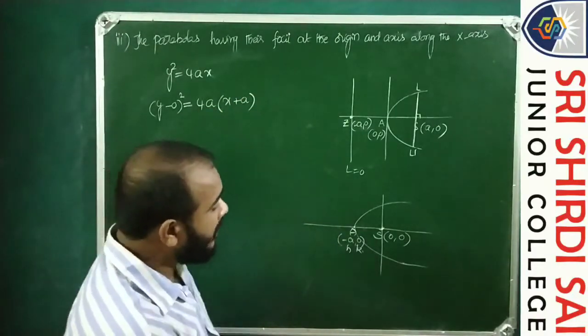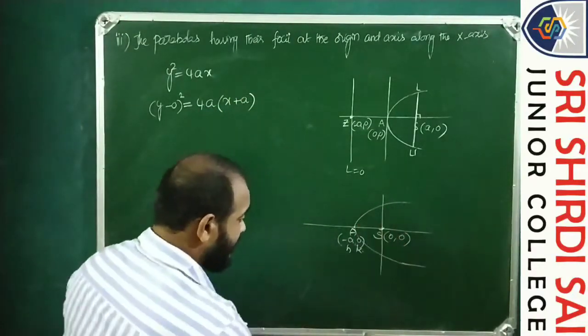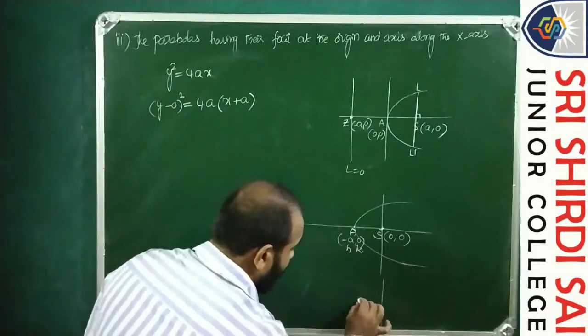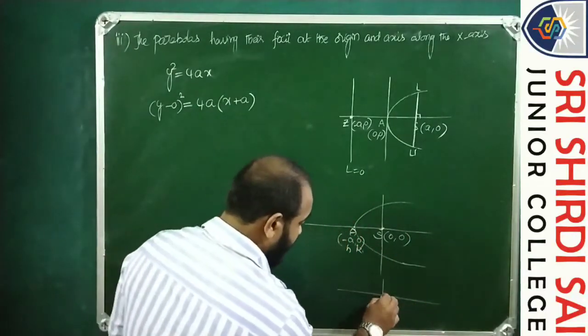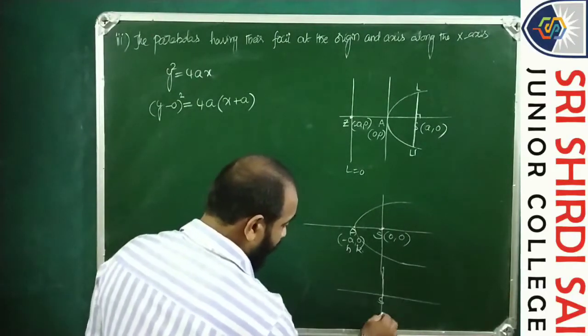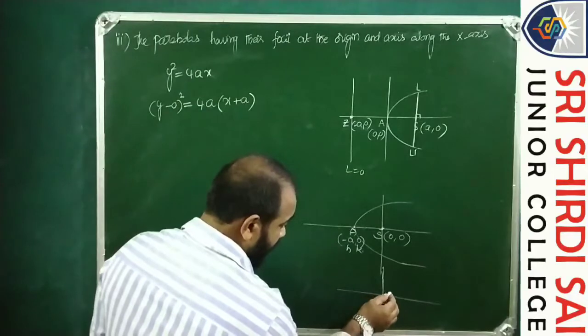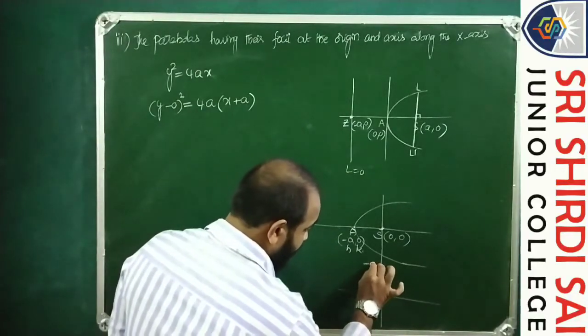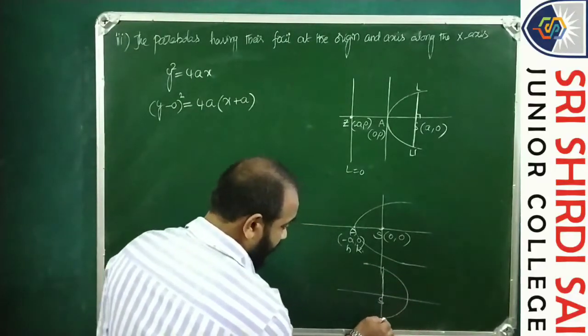Now I will come to the point. See this same thing. This is my origin here. So this is S, and the parabola could be like this also, right?